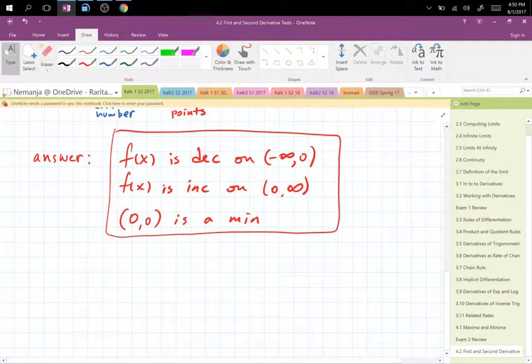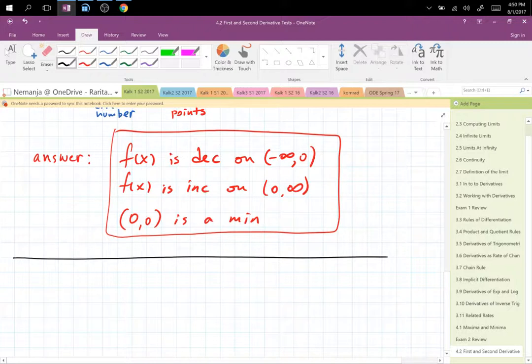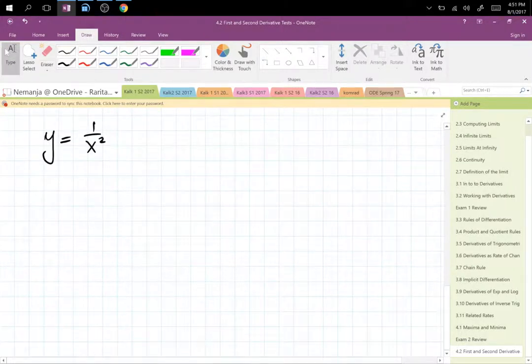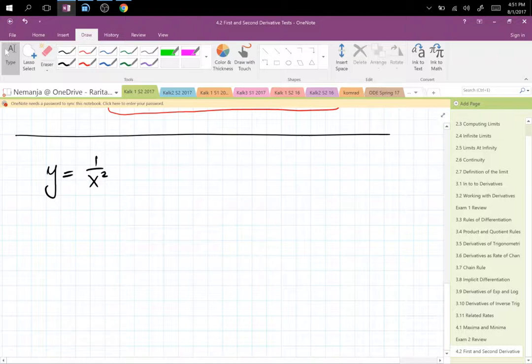The next example will feature vertical asymptote partitioning. The problem is done the same way. Say y equals 1 over x squared. So you immediately find the first derivative, which should be negative 2 over x cubed.